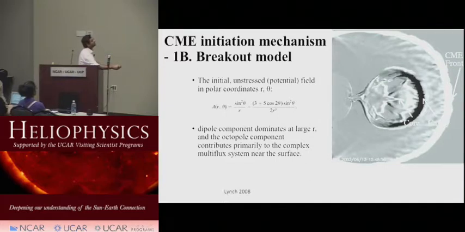And that is what's commonly called this three-part structure, which is the CME front, which is bright and a thin band, basically, and often thought of as the leading shock front as the CME erupts.